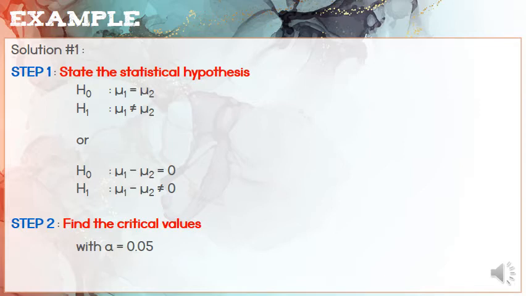So, awak boleh buat mu1 sama dengan mu2, or you boleh buat mu1 tolak mu2 sama dengan 0. Kedua-dua hipotesis ini adalah hipotesis yang sama, cuma cara penulisan dia sedikit berbeza. And dalam soalan ini, dia suruh pakai critical value alpha 0.05.